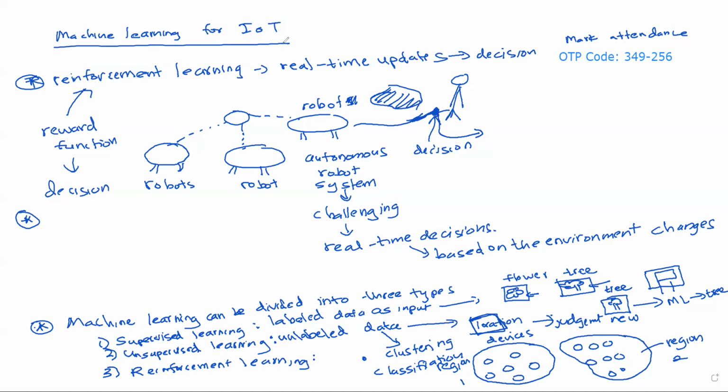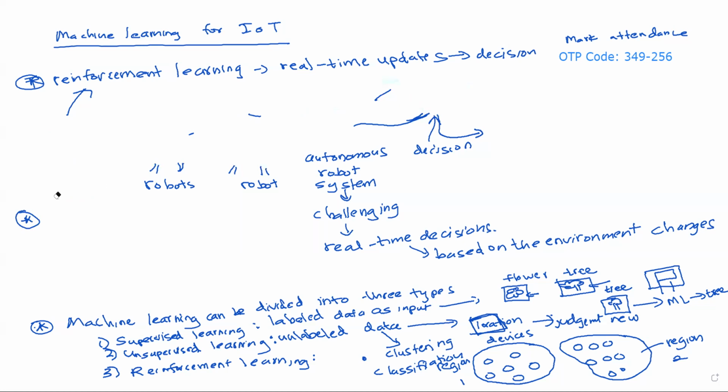So in IoT applications, we need machine learning for applications where we need to predict future outputs. Machine learning for IoT can be used in many applications.